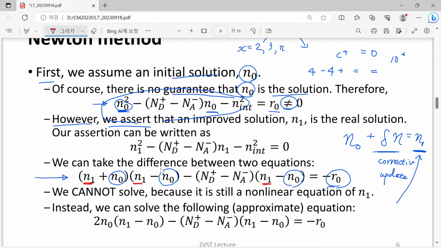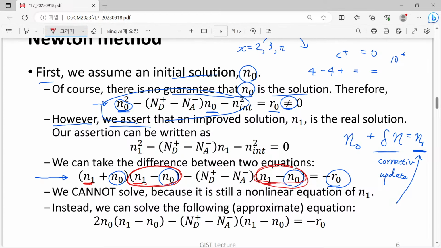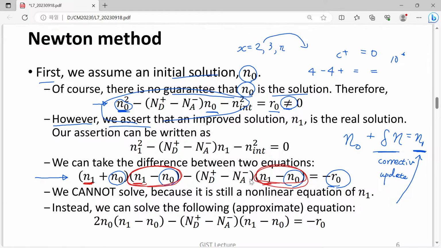Or for example, if we can solve the equation for this update or correction here, then we can calculate the n1. But unfortunately, please have a look at this line.